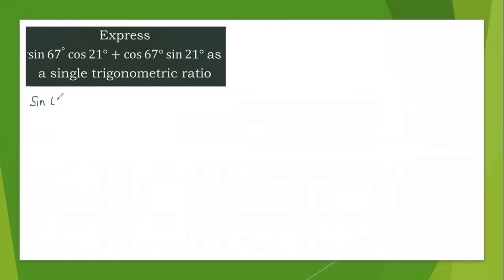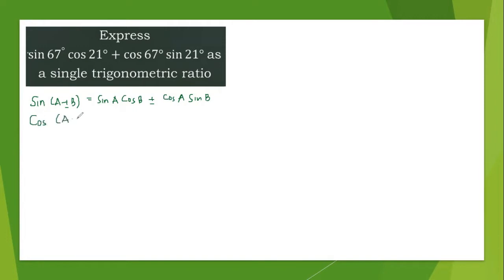Sine A plus B equals sine A cosine B plus cosine A sine B, right? Let's say this one is minus, so it will be minus here. And then the second one is cosine.